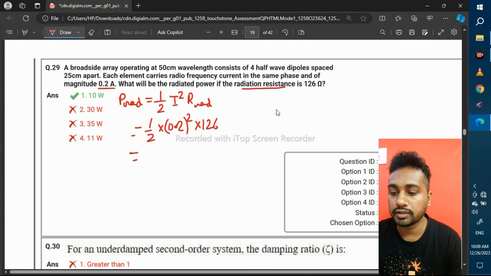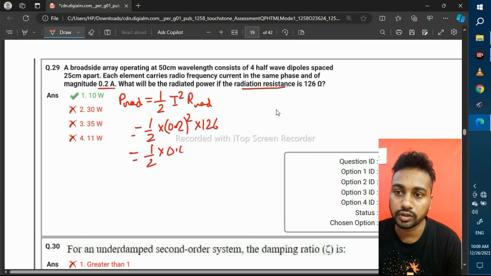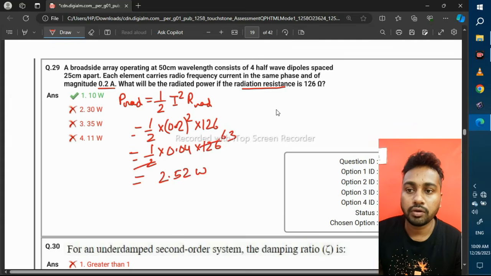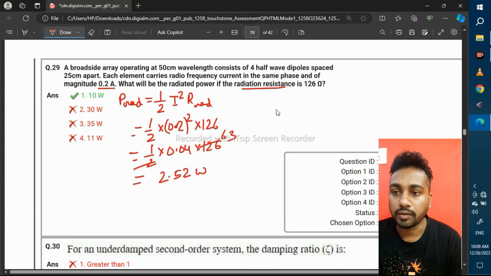If we calculate, 1 by 2 into 0.04 into 126, this will come 63, or we can write 2.52 watt. So the radiated power will come 2.52 watt.